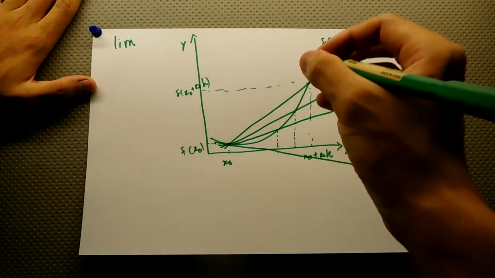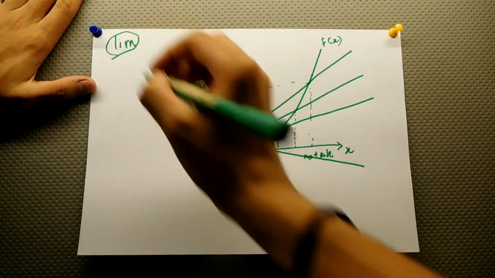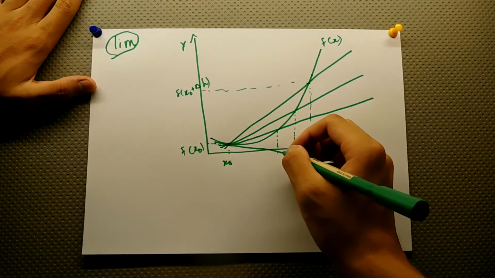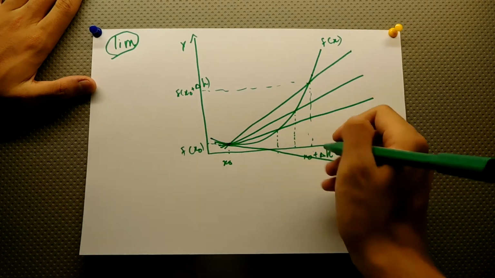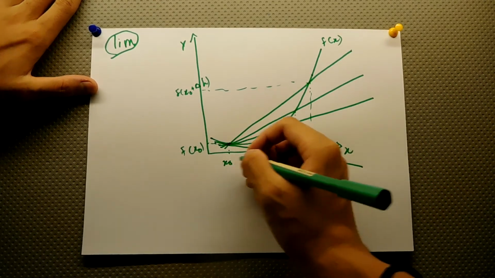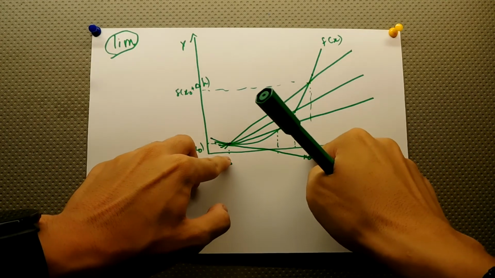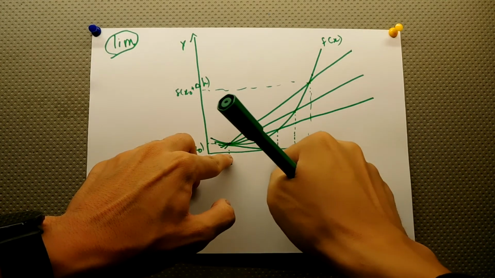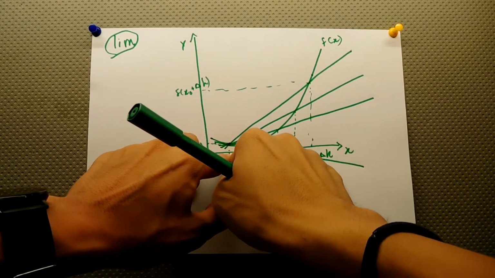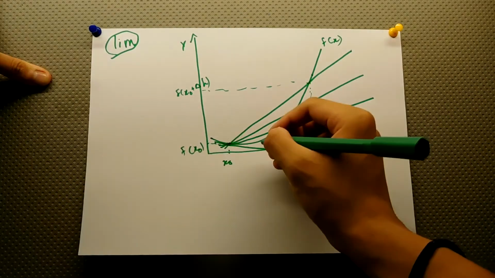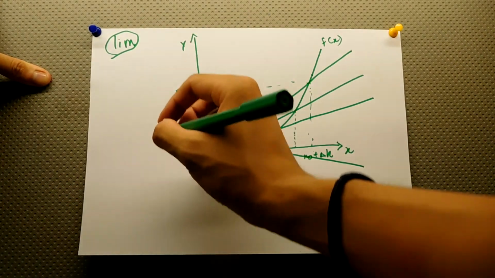Using our understanding of limits, we're going to compute delta h such that delta h tends to 0, so that this value becomes so small that it is negligible. So what do we mean by this?